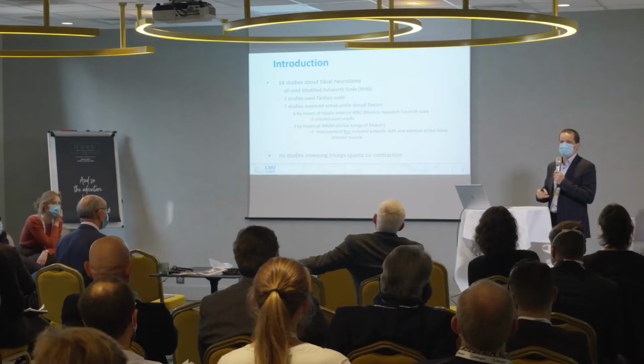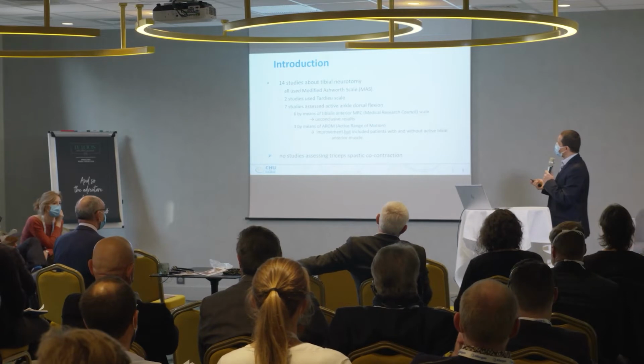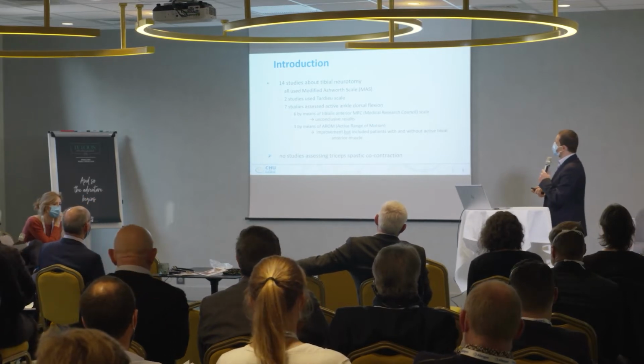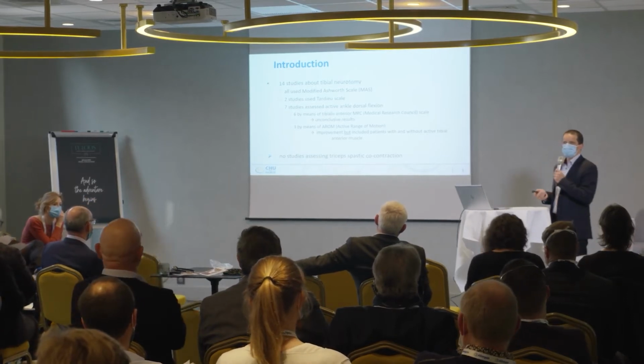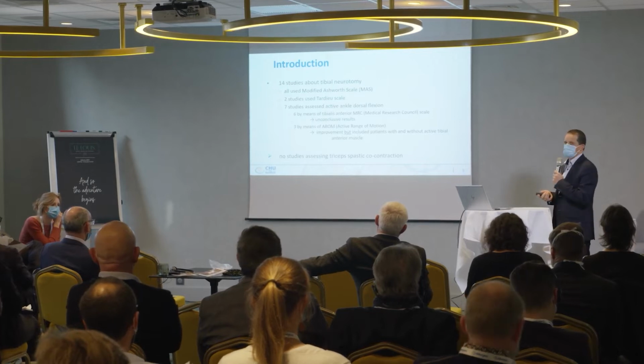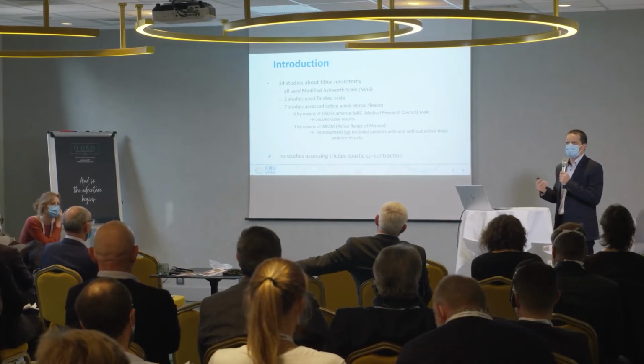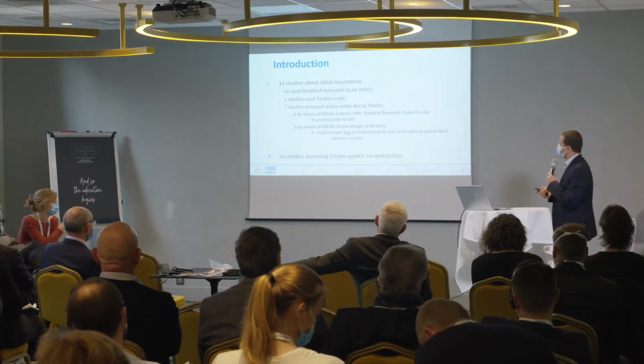I mean spasticity is a velocity-dependent increase in muscle tone in passive assessment, while spastic co-contraction is inappropriate muscle activation during active movement. And so our question was, we know that when we look at studies dedicated to neurotomy, all studies use the modified Ashworth scale, which is a passive scale for spasticity assessment.